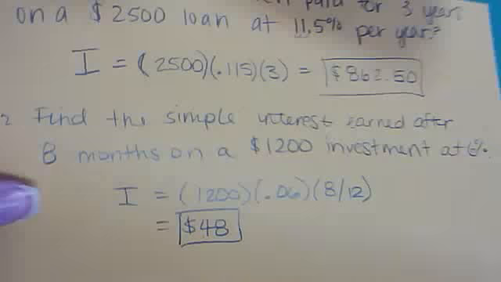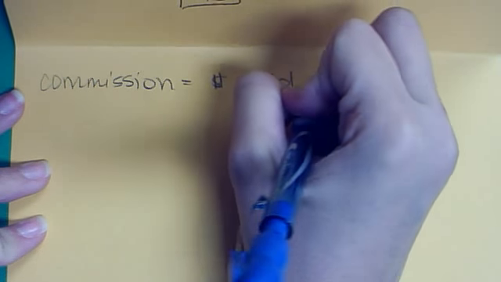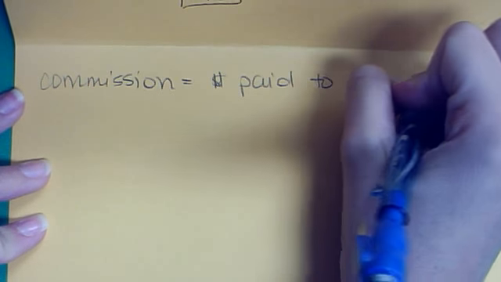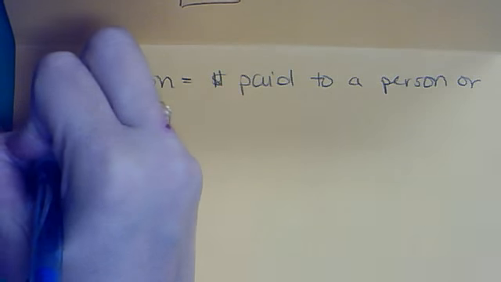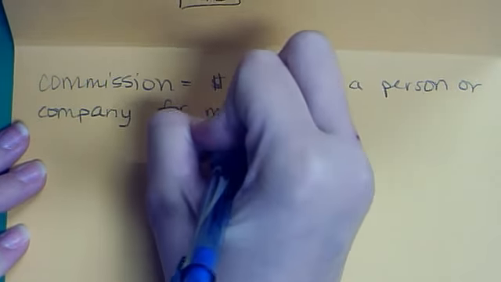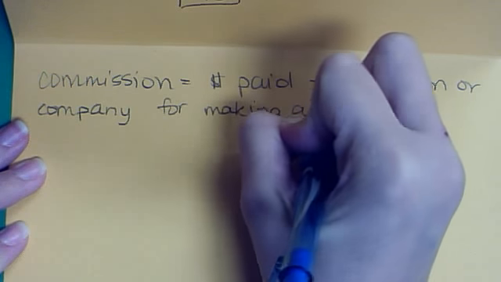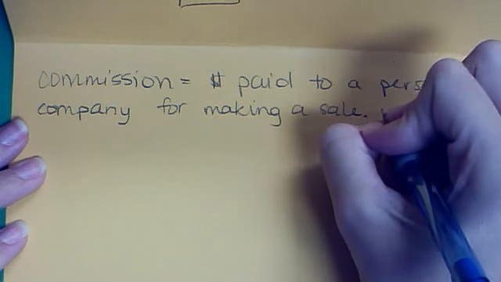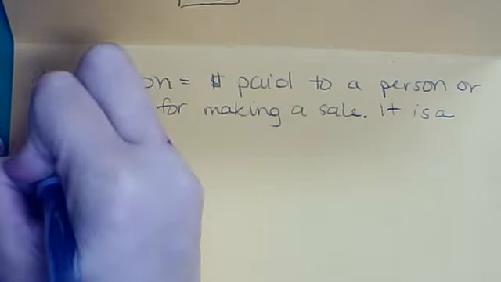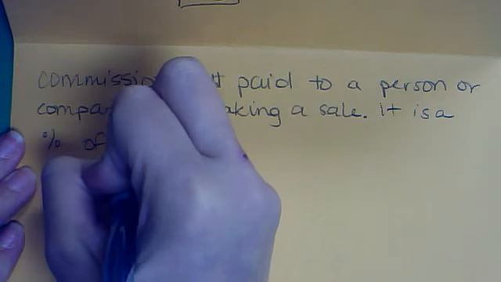The next tab we worked on was commission. Commission is the money paid to a person or company for making a sale. It is a percentage of the sale amount.